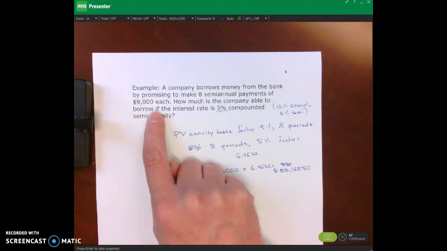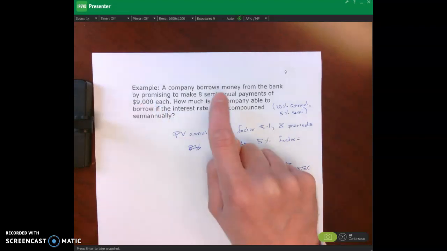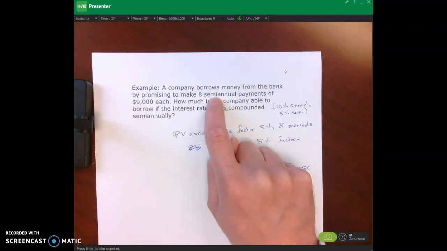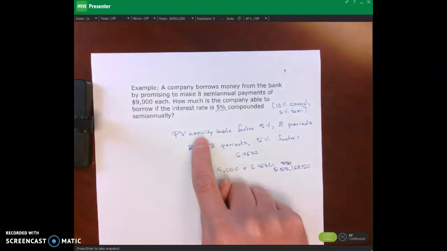Second decision point. Is this a single cash flow or multiple cash flows? It's multiple cash flows. Are those the same cash flow, equally spaced out? Yes, they are. It's $9,000 every 6 months. So that means I have an annuity. So I'm asking for the present value of an annuity. Therefore, we use the present value of an annuity table.